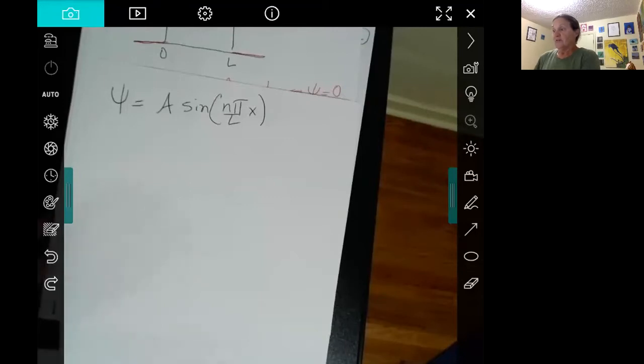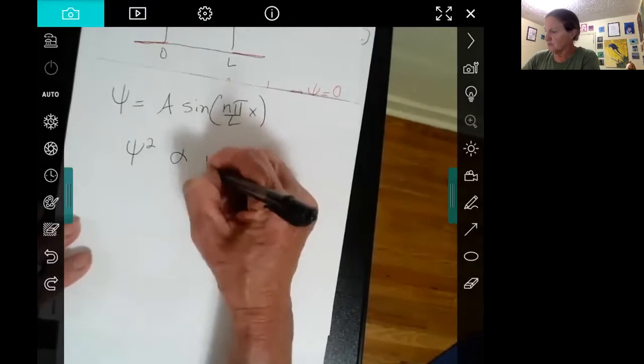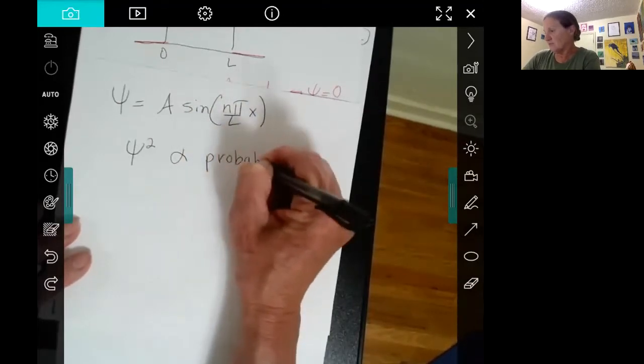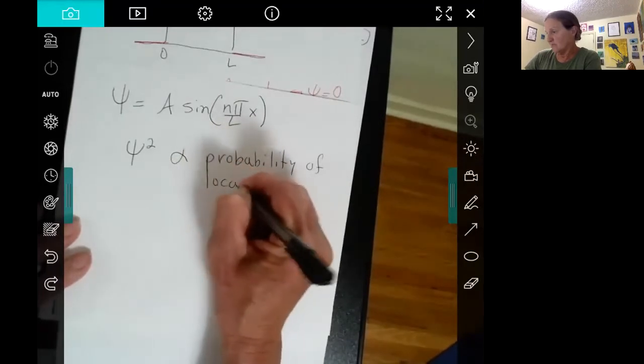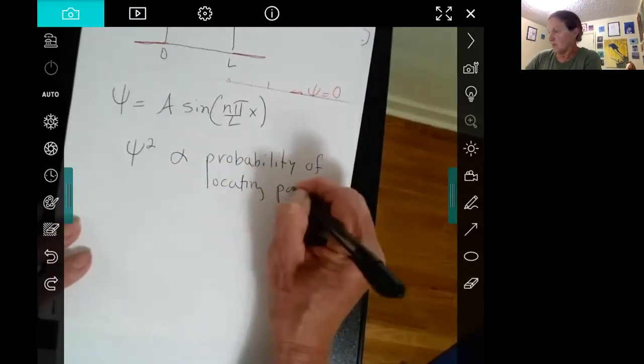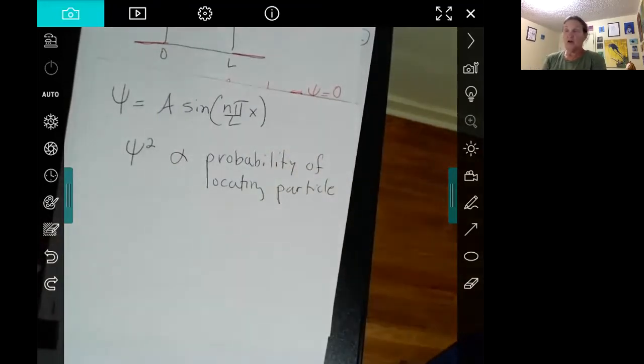So the other thing we know is if psi squared is proportional to probability of locating the particle, if we add that probability up over all the possibilities of space where the particle could be, that has to equal 1 because we only have one particle.